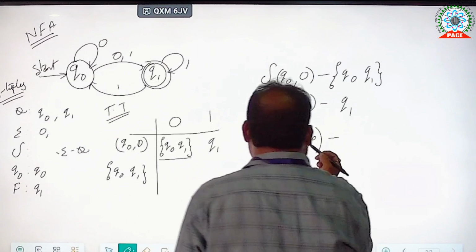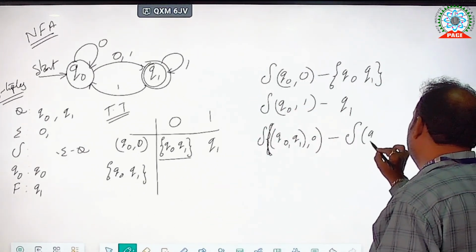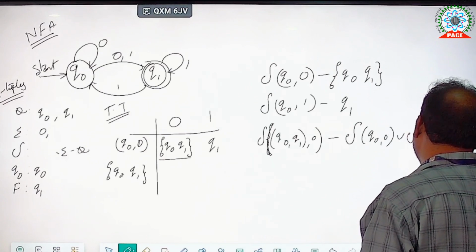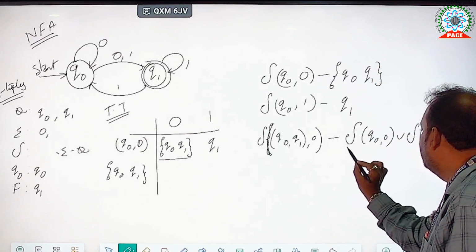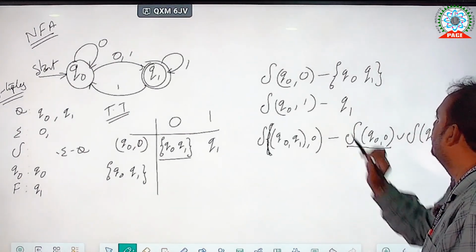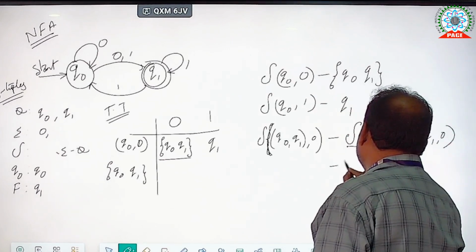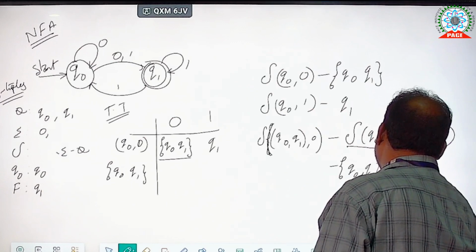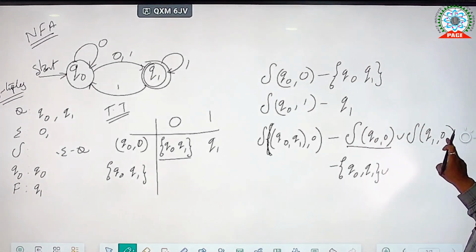So here is the simplification of this equation: delta Q naught on 0 union delta Q1 on 0. Here, if you are observing, delta Q naught is also having the above. So delta Q naught has the equation Q naught comma Q1, again a union of Q naught and Q1 with the zero transition.